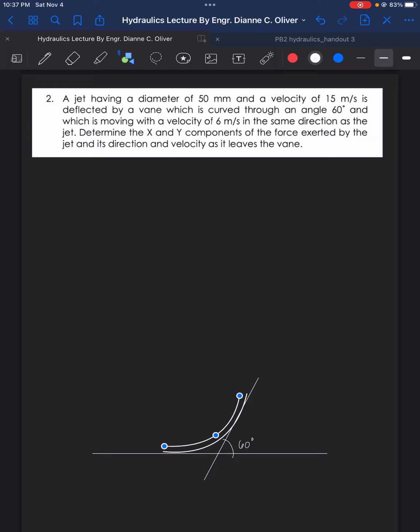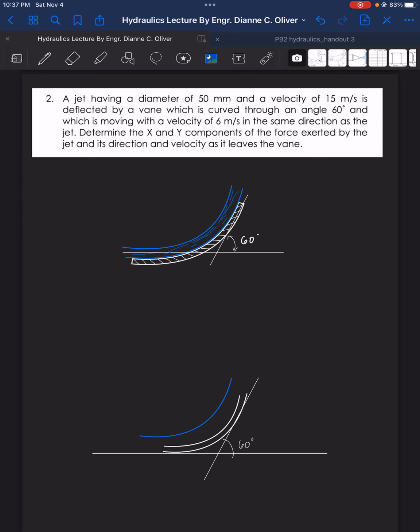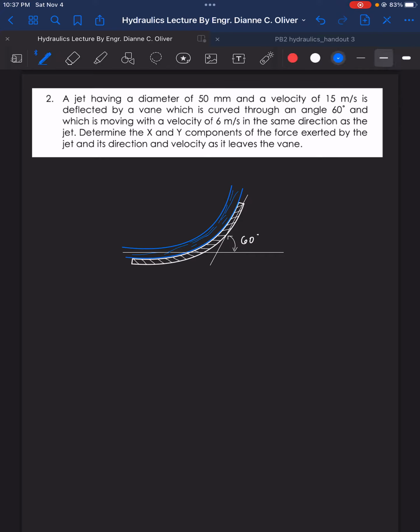So I will sketch it. So that is 60 degrees. And then our water here will be deflected also 60 degrees. Now for a much nicer drawing will be here. So this is our 60-degree vane.